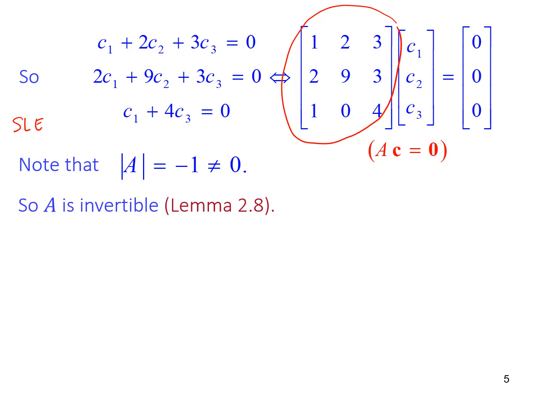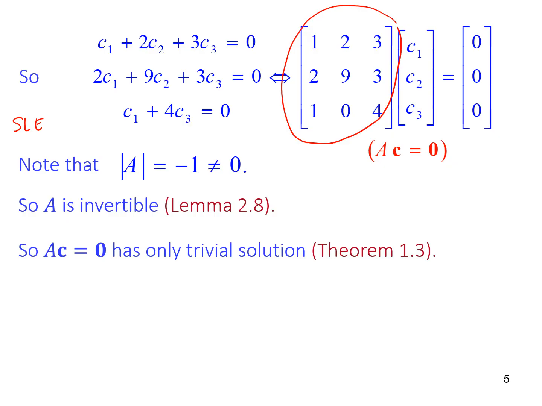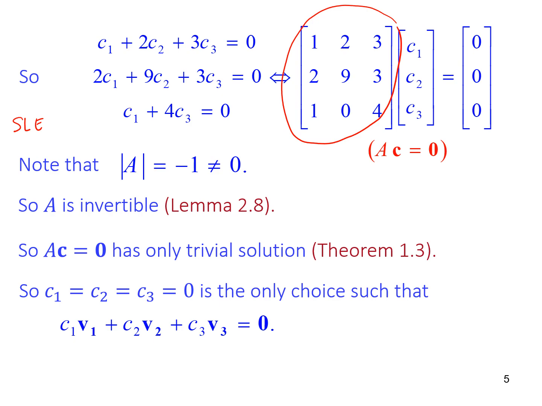That means the coefficient matrix A is invertible, and therefore the system has only the trivial solution. It has only a unique solution, which is the trivial solution. Therefore, the only possible values for C1, C2, and C3 are all zeros. Therefore, the set V1, V2, V3 is linearly independent.